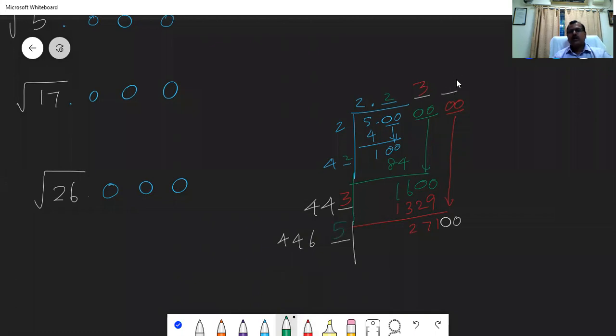So let's try with 5. 5 5s are 25, 6 5s are 30, and so on. So we have to subtract everything. So less 3, 4, add 6, 7, 7, 5.